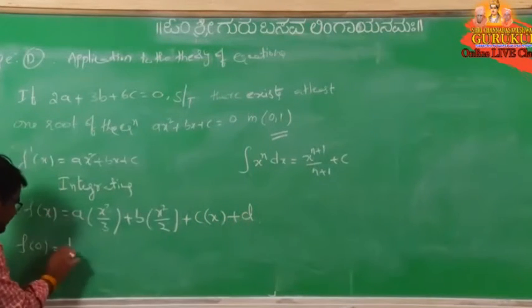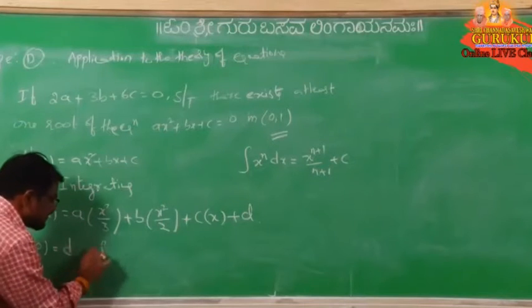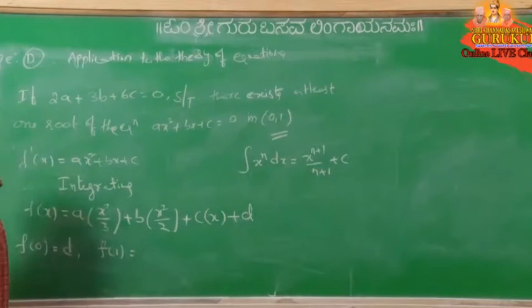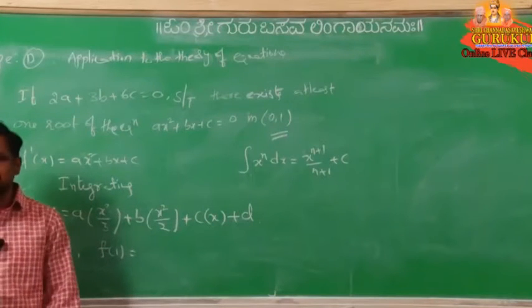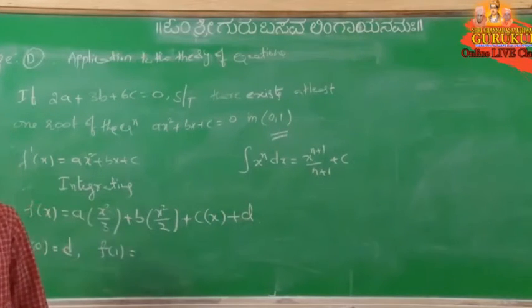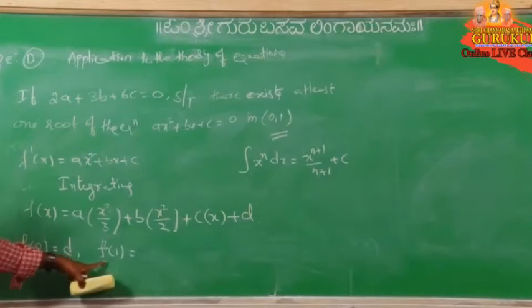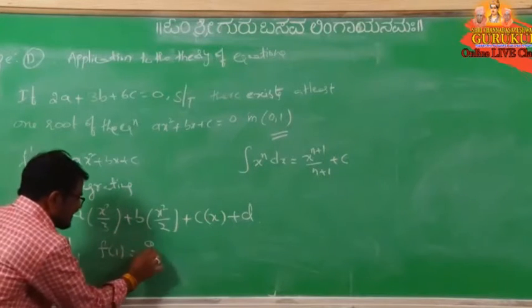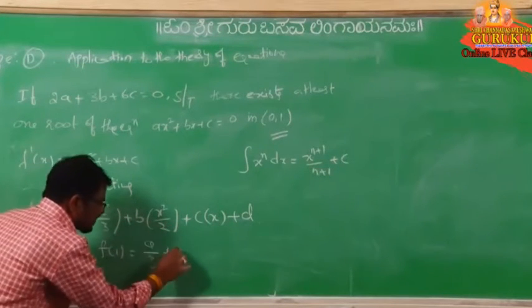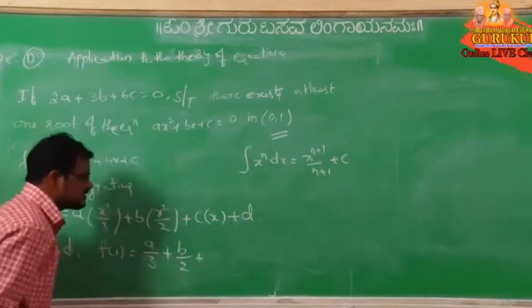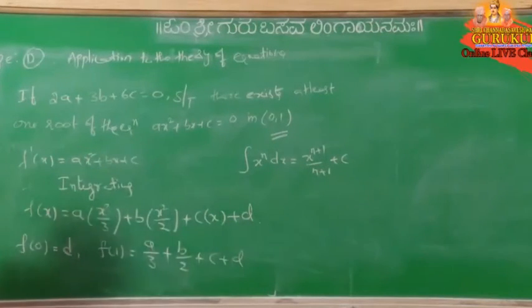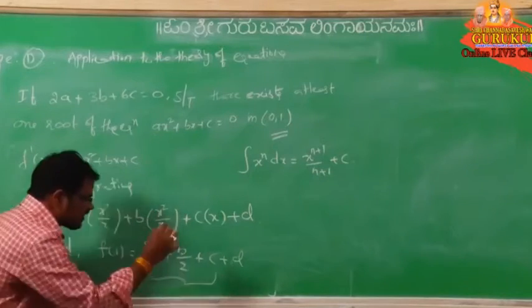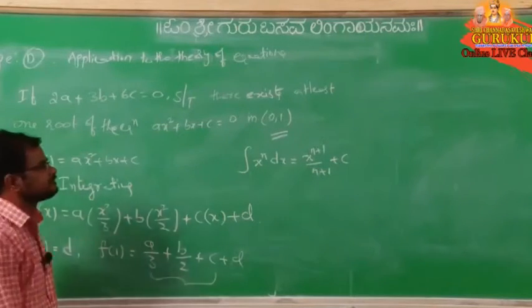So f of 0 is d. Next, f of 1, because that is also the third condition of Rolle's theorem which should be satisfied, then only we can say there exists at least one root of the equation f dash x equal to 0. Now f of 1 means a by 3 plus b by 2 plus c plus d. So for the first three terms you take the LCM.